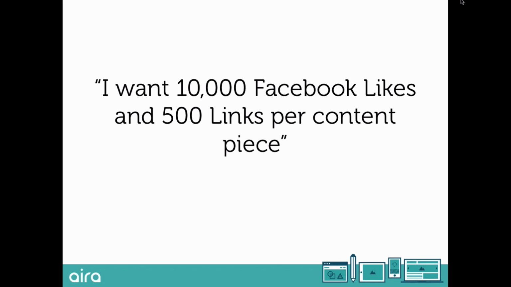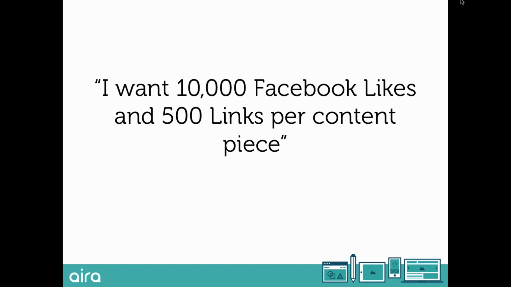Now, as a final tip here that kind of goes alongside all of this stuff, this isn't really the core of what we're trying to do, but one of the nice things about this process is that it allows you to set expectations as to what good and successful looks like in terms of social shares and links.